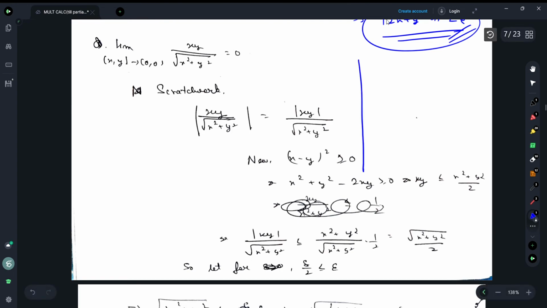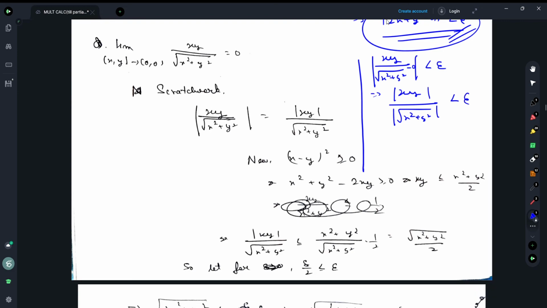So for the limit of this as (x, y) tends to (0, 0) to be equal to 0, we must have mod of xy by root over of x square plus y square minus 0 less than epsilon, which implies we need to have mod of xy upon root over of x square plus y square less than epsilon.